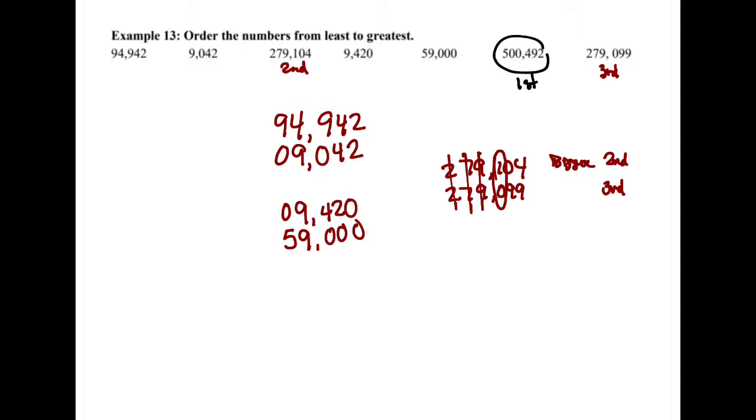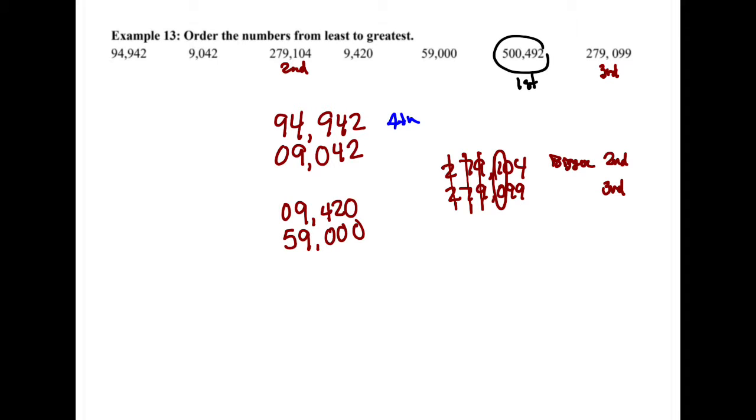Okay, so let's take a look at the rest of these. So straight down this next column, 9005. 9's the biggest. So 94,000 and something is bigger than 59,000 or 9,000 or 9,000, so that's going to be next. Okay, so we have first, second, and third. So now this is going to be fourth.